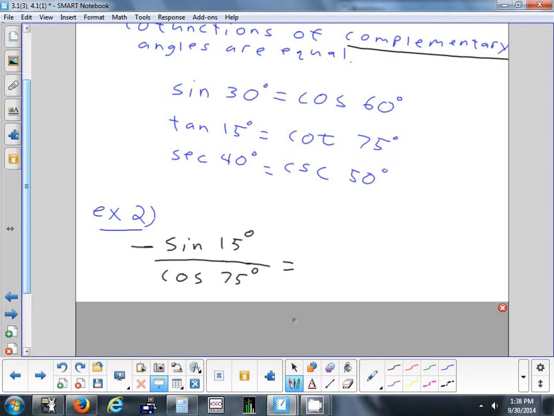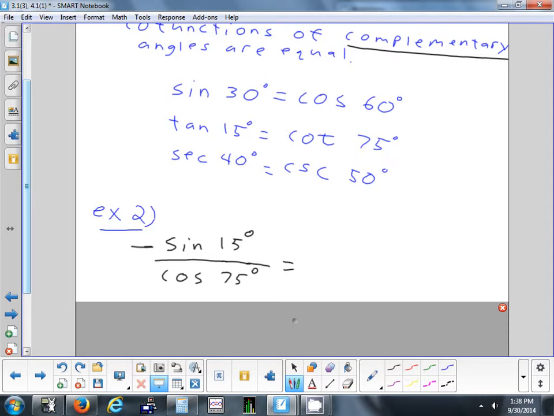What do you notice about those two things? The angles add up to 90. Yep. What about the functions? They're cofunctions. So we have cofunctions of complementary angles. What does that mean about the sine of 15 and the cosine of 75? They're equal. We're dividing two things that are equal.